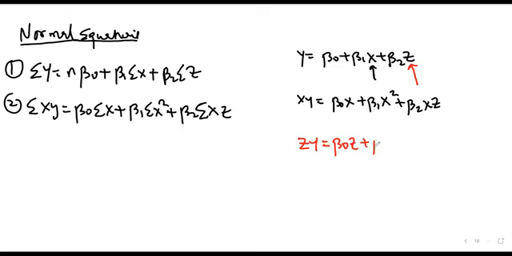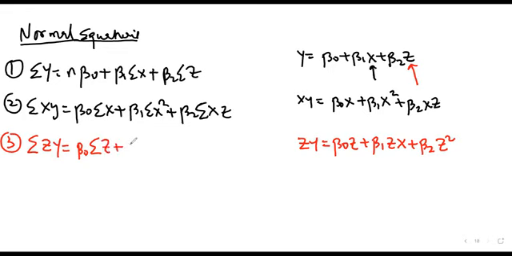Then you sum every term, and you'll get summation of zy is equal to beta naught summation of z plus beta 1 summation of zx plus beta 2 summation of z square.